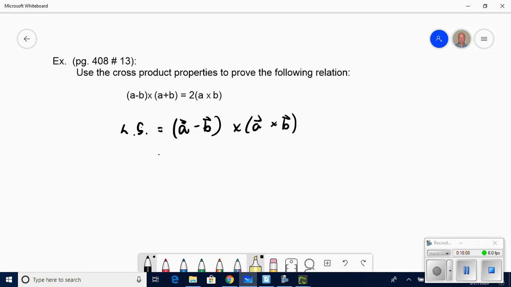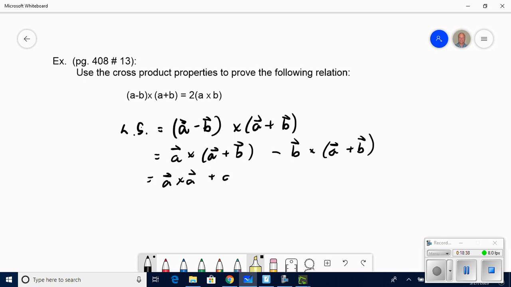Okay, so this is the distributive property. So I can go A cross A plus B. That's a plus, I'm sorry. And then I can go minus B cross A plus B. And then I can distribute this in. Now we've done kind of proofs like this.